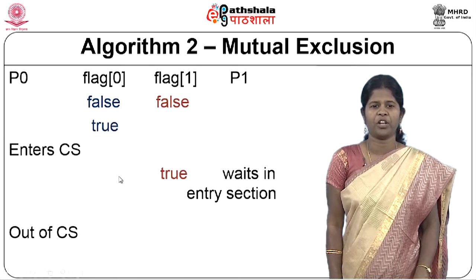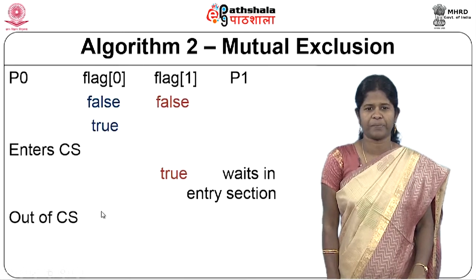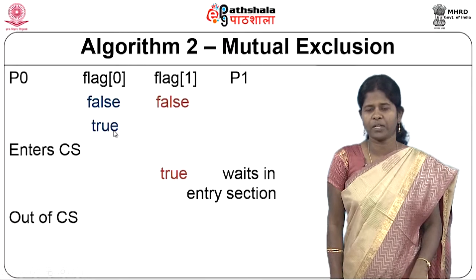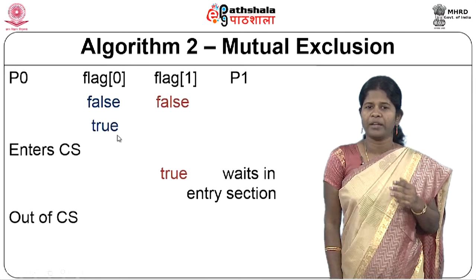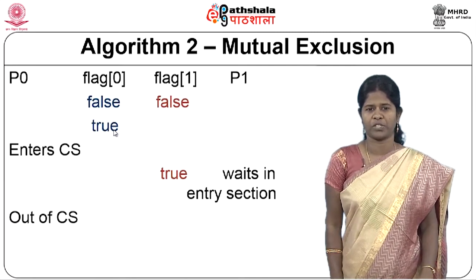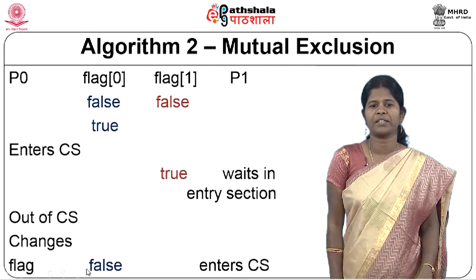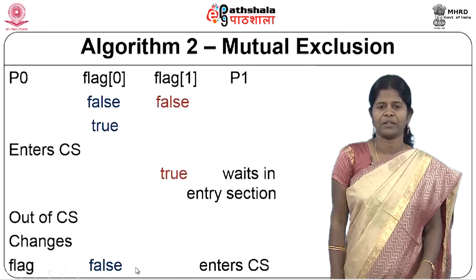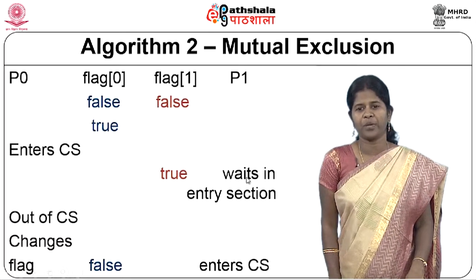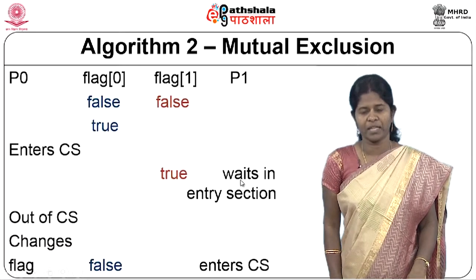Say now P0 comes out of the critical section. According to the code, in the exit section, it makes flag of 0 false. Flag of 0 is changed to false. What will happen to P1? P1 is currently in the while loop.